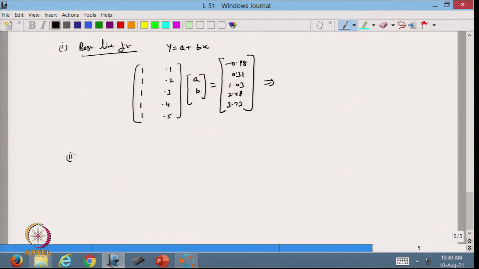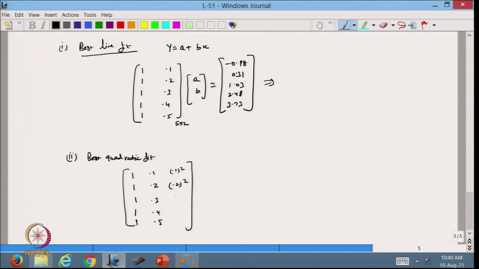And the second one is the best quadratic fit. In that, the line fit matrix is 5 cross 2, and here I will also get the squares: 0.1 squared and so on.